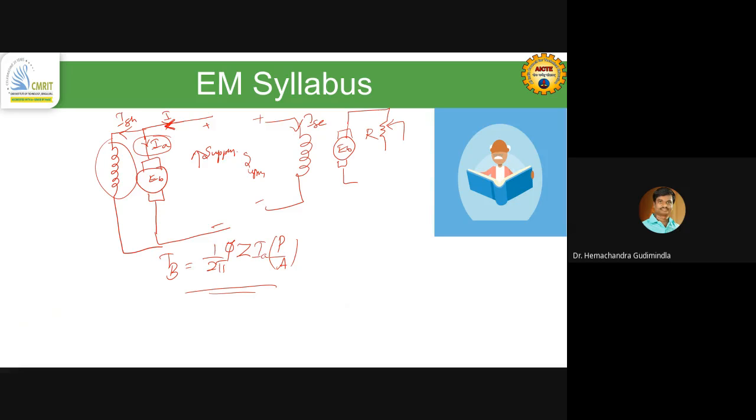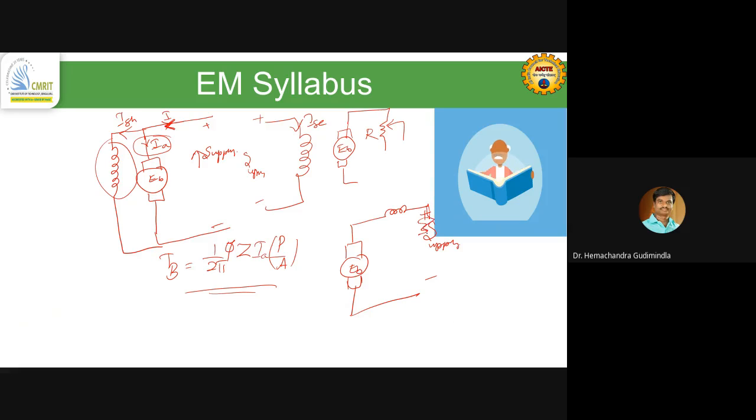For the DC series motor, if you look at the DC series motor, generally how it looks like. Here it is the EB, armature, field winding, and here it is the supply. Now what will happen? I am giving the supply to the resistor.